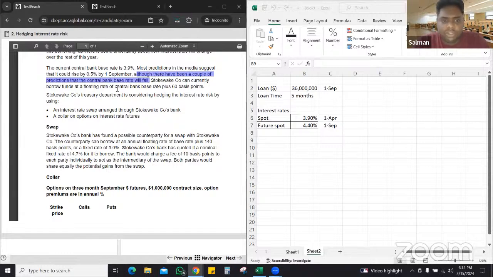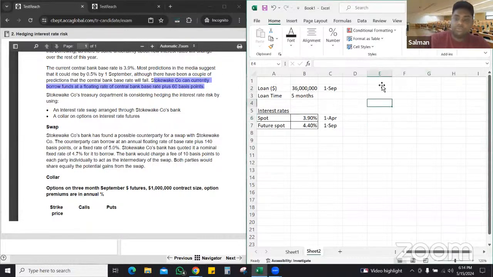Stockwave Company can currently borrow funds at a floating rate of central bank base rate plus 60 basis points. So if we are going to take a loan, we can take it at the base rate plus 60 basis points. 60 basis points means 0.60%.